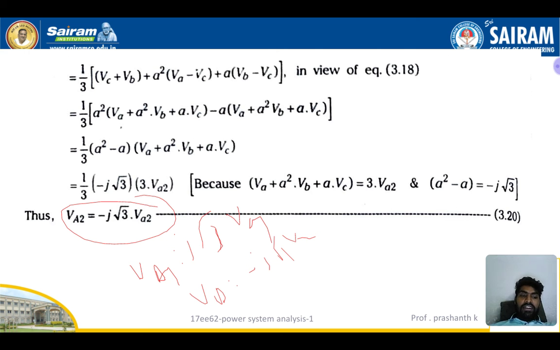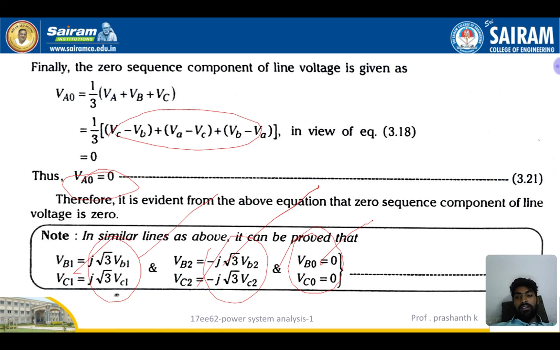Positive sequence and negative sequence are done. Obviously the zero sequence gives zero. VA naught is equal to one third of VA plus VB plus VC, the zero sequence component in terms of line voltages. Substituting VA, VB, VC gives a zero value.